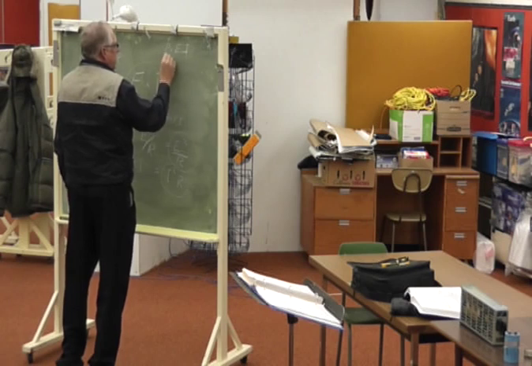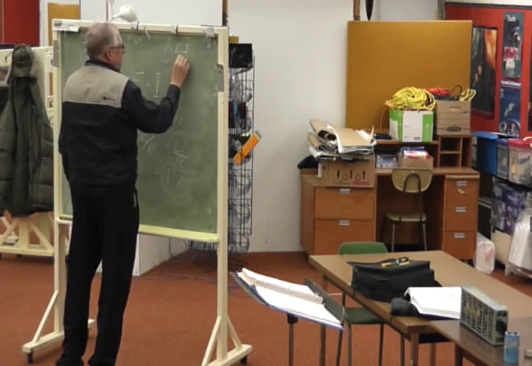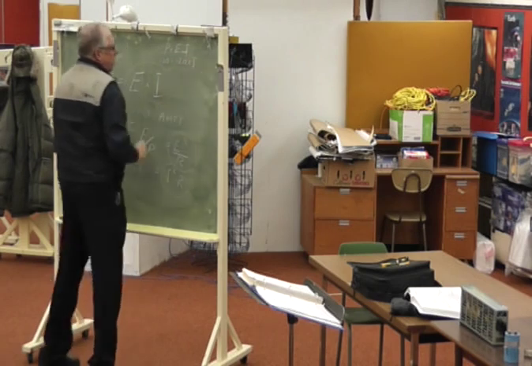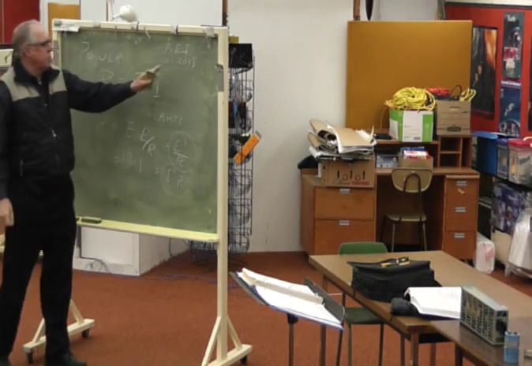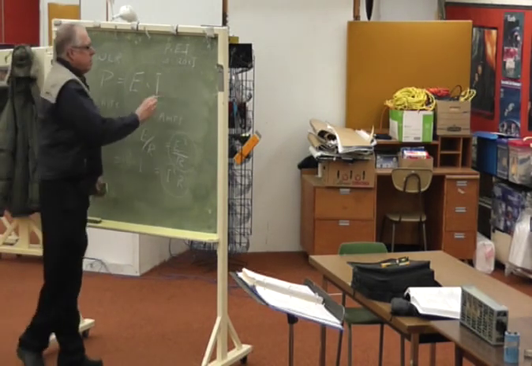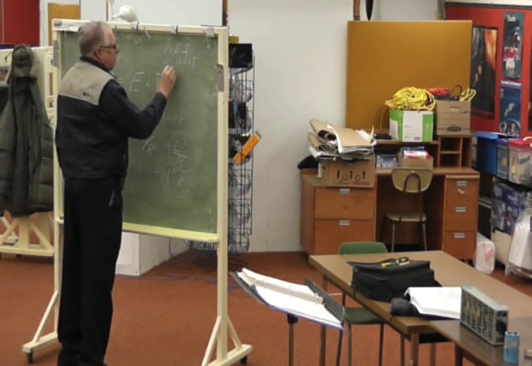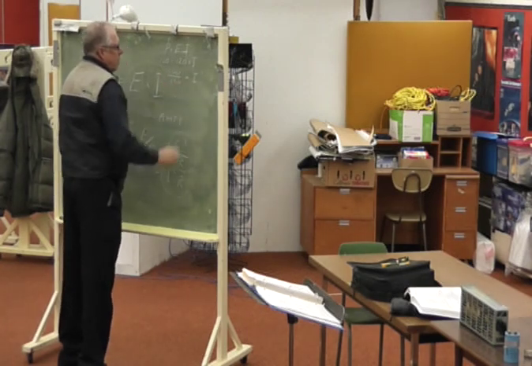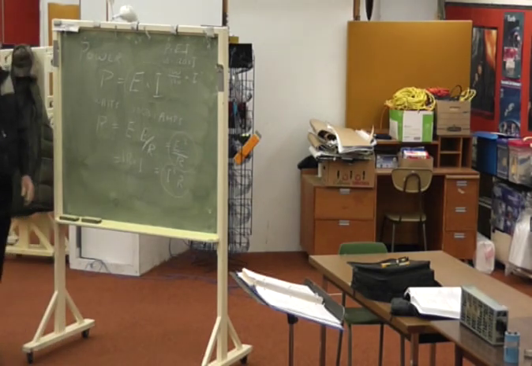So 100 watts would be 120 volts times the current, or 100 over 120, what's that work out to? 0.83.